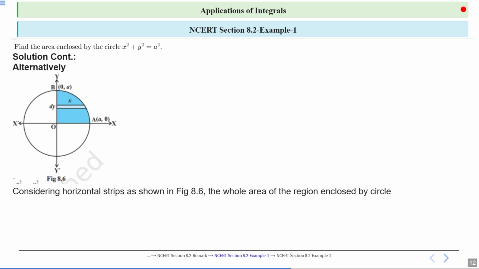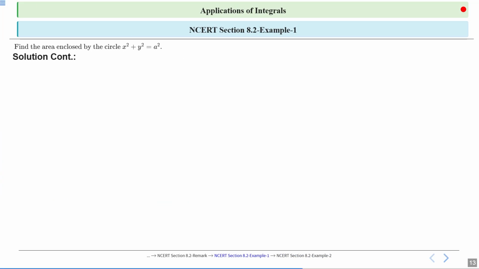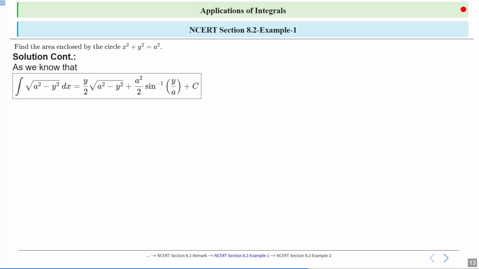So considering the horizontal strip as shown in figure 8.6, the whole area of the region enclosed by the circle: as we know, the integration of root under a square minus y square is y by 2 root under a square minus y square plus a square by 2 sin inverse y by a plus c.